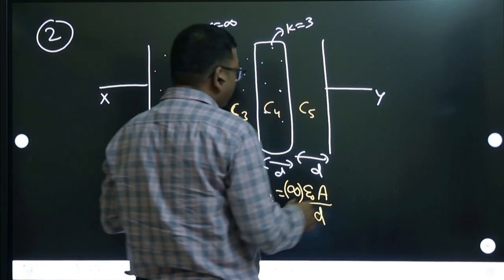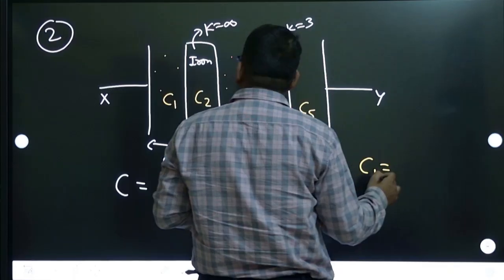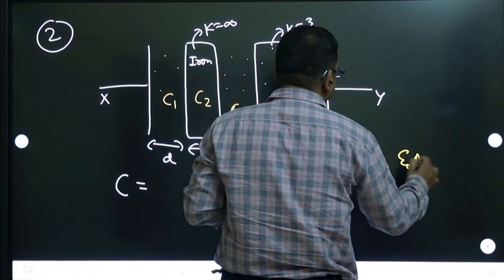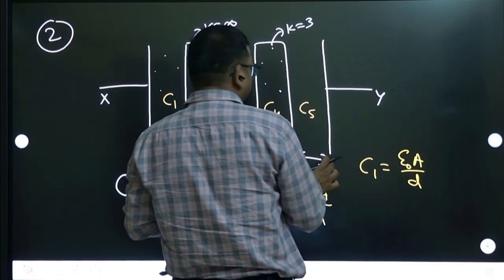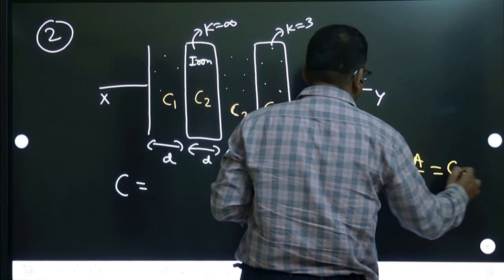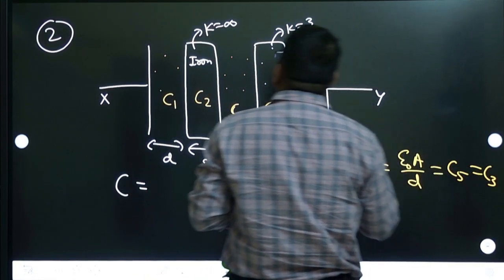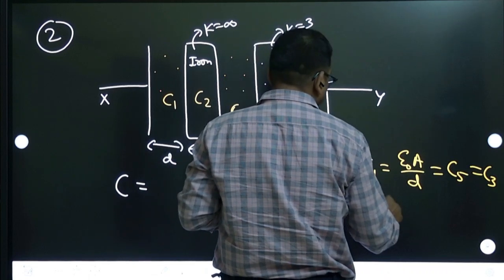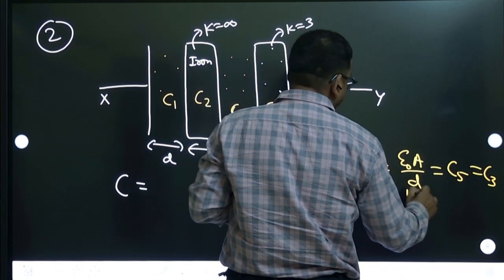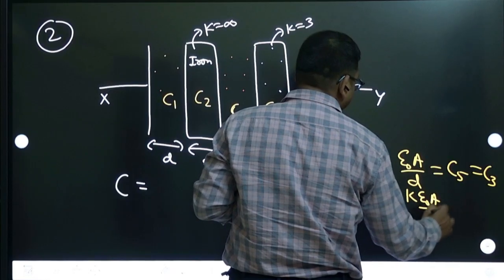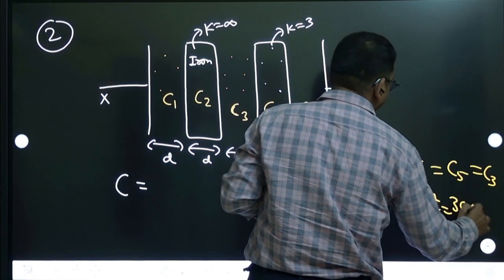What about C1? C1 is epsilon naught A by D. C5 is also the same. C1 and C5 are the same. C3 is also the same, right? But here C4 has some material. So K times epsilon naught A by D. Here K is 3, so 3 times epsilon naught A by D.